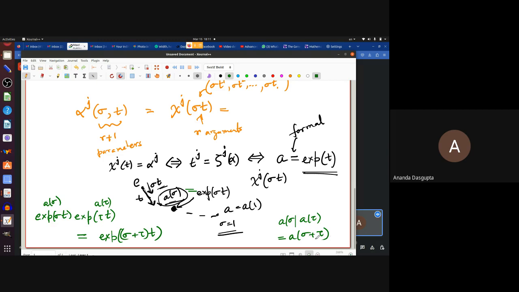This additive part of the argument has translated to the multiplication rule for exponents. So that fact that I'm calling this A equal to exp of t, the exponent working out. Is that okay?